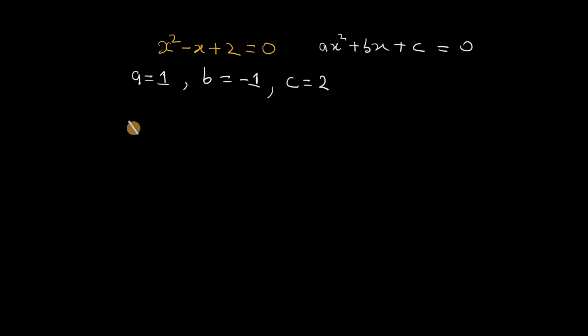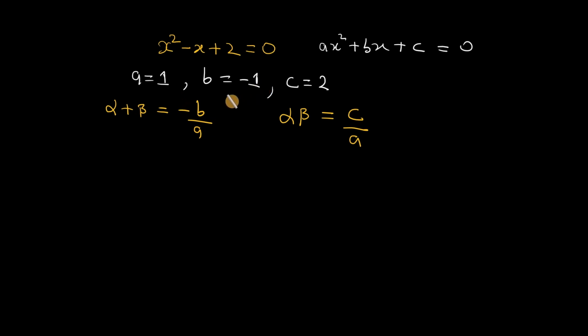We also have to know that if a quadratic equation has roots alpha and beta, then the sum of roots alpha plus beta is given by the formula negative b all over a, and the product of roots alpha times beta is given by the formula c over a. b is negative 1, a is 1.